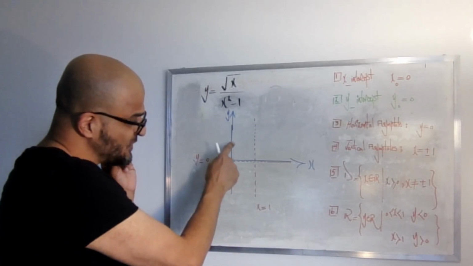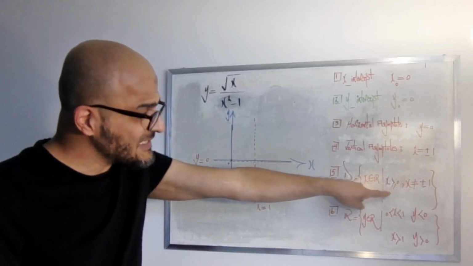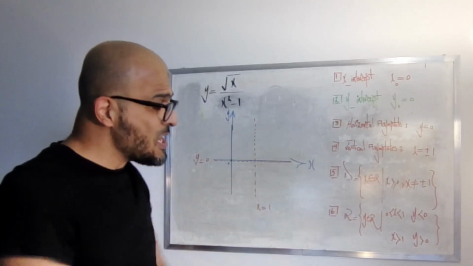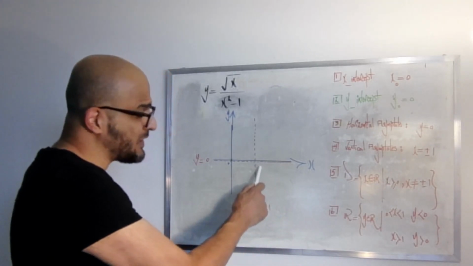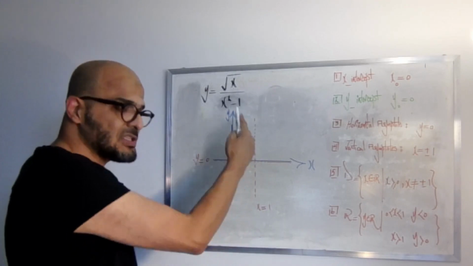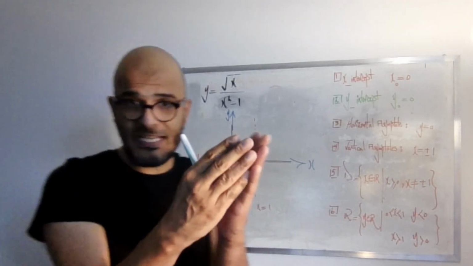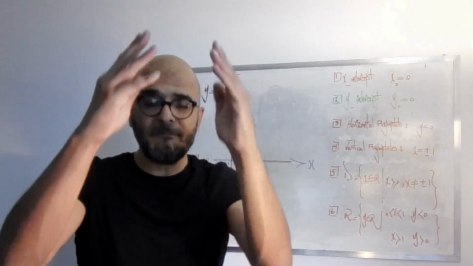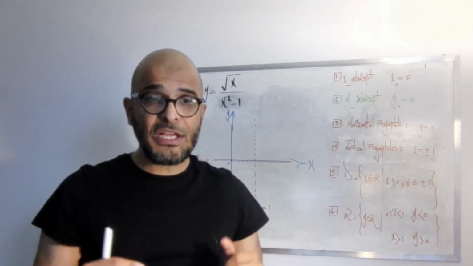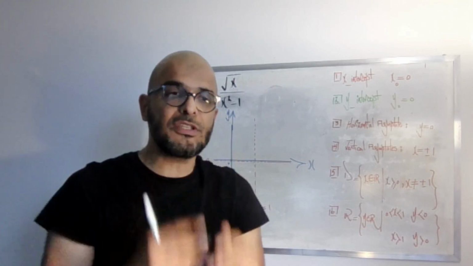Then start running towards the right, because you have exclusively said that x has to be positive, but at the same time x has not to be plus 1. It means that anywhere you draw your map, you should not cross this line. And that's why you call it a vertical asymptote. A vertical asymptote, as we discussed, is a line that the function gets asymptotically close, infinitesimally close, to, but does not cross.